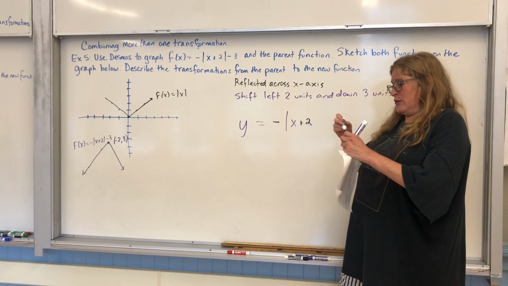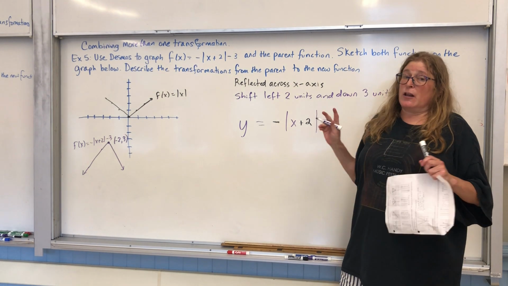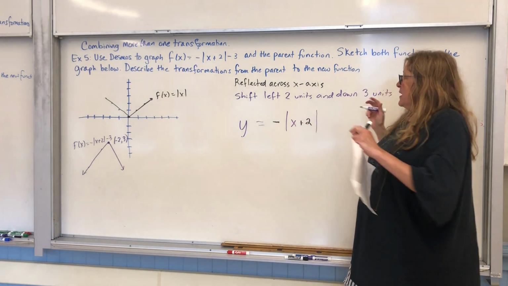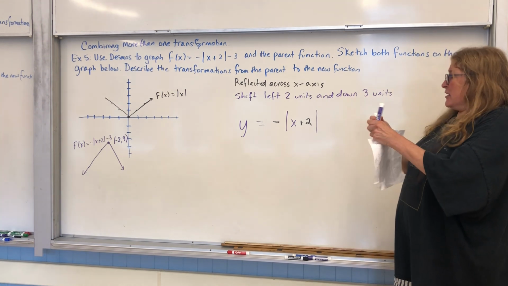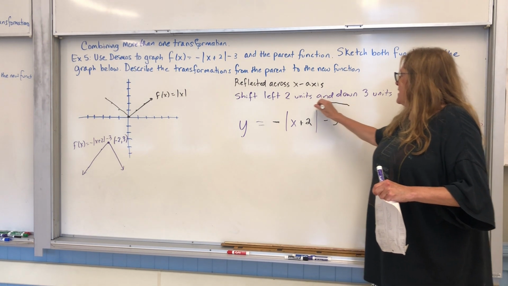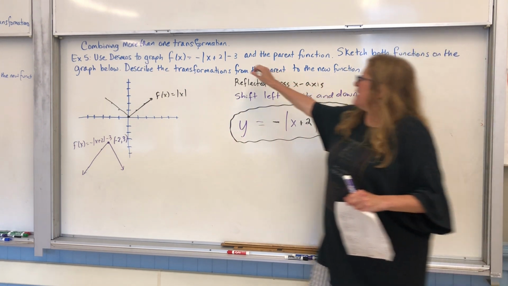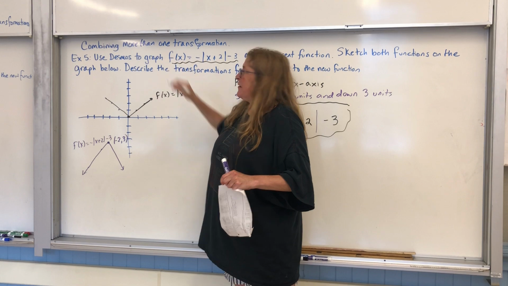That seems counterintuitive, I know, because it goes left when it says plus 2. We are going to be doing a lot of exploration on that. And then we notice it goes down 3 units. So there is actually the function that we can see matches this right here.